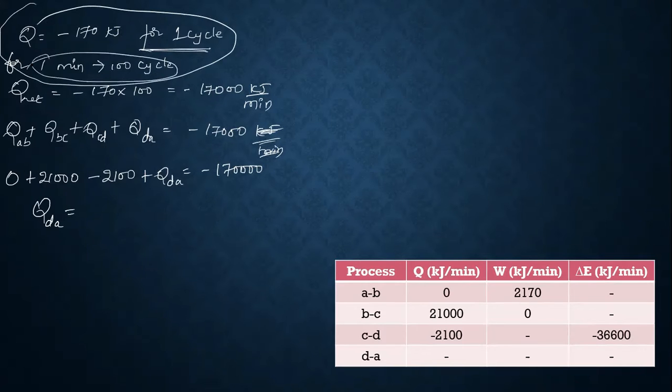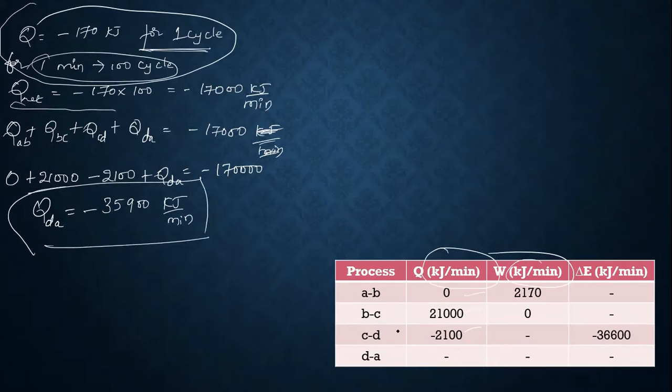For 1 minute, it is 100 cycles, because the table is given in kilojoules per minute. All the values we know are in kilojoules per minute. Therefore, instead of converting all these to joules, I will convert one parameter to kilojoules per minute. For Q DA, it is minus 35,900 kilojoules per minute.